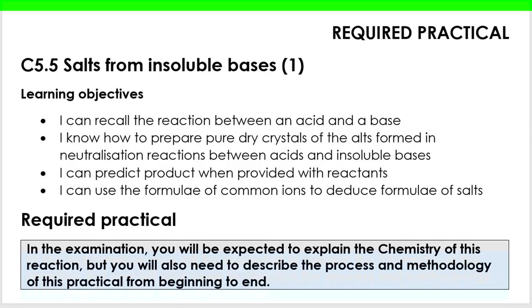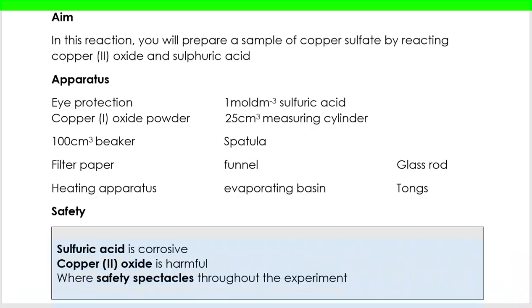So, in terms of what we're looking at here, we're going to see what happens when we add an acid to an insoluble base. Now, in simple terms, what we're talking about here are metal oxides. So there's a required practical that goes with this. I'll very quickly talk through.